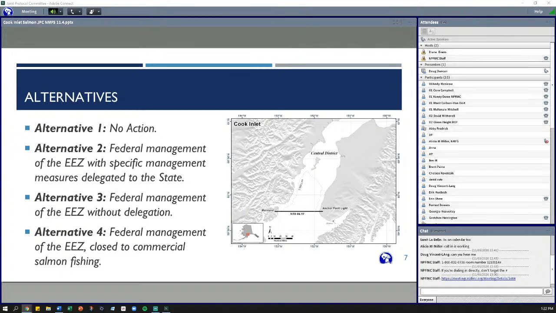And then finally, the new alternative 4, which was added by the council at the end of the October meeting, would also assume federal management of the Cook Inlet EEZ, except that it would close this portion of the EEZ to commercial salmon fishing. That's a quick overview, and now we will walk through each alternative in more detail. Don't hesitate to ask questions, and I'll try to pause at natural stopping points to make any needed clarifications.